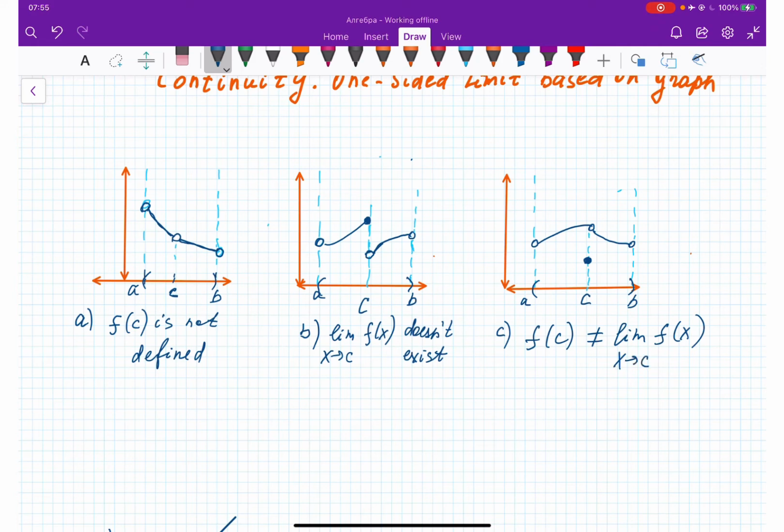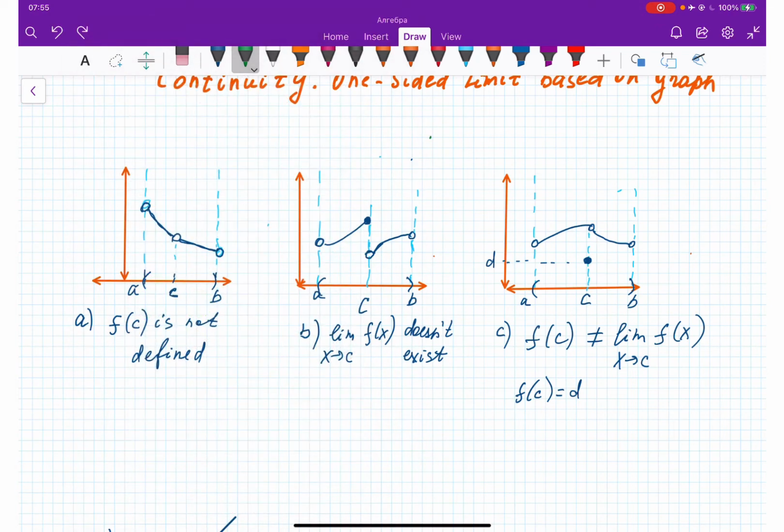Because f of C here is defined. Let's say it is equal to some d, right? But here on the graph, it's right here.